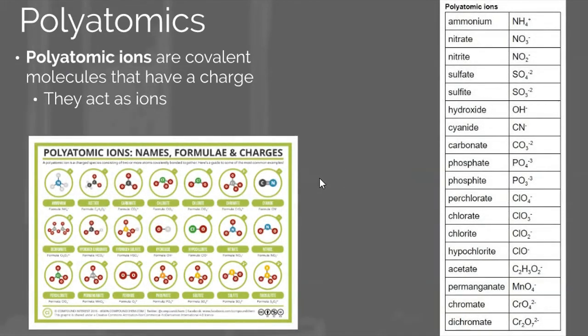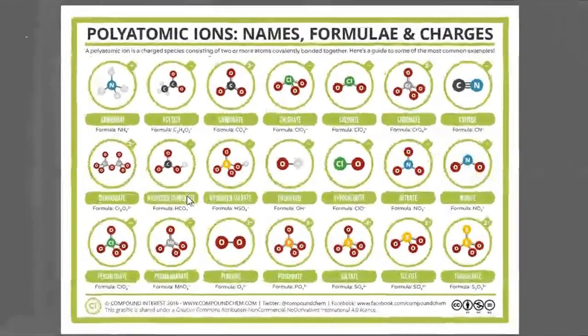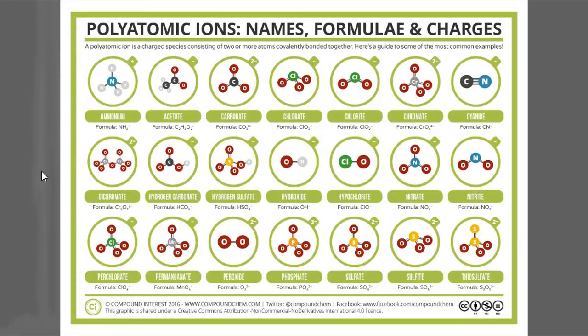So let's look at some examples to actually make sense of that. Here I have a graphic that shows you what the molecules look like, what their structures are, and you can see that I have this ammonium ion where I have nitrogen covalently bonded to 4 hydrogens, but it carries an electrical charge. And that's interesting to see. Make sure that you remember that these don't break up easily, and they act as a single unit.